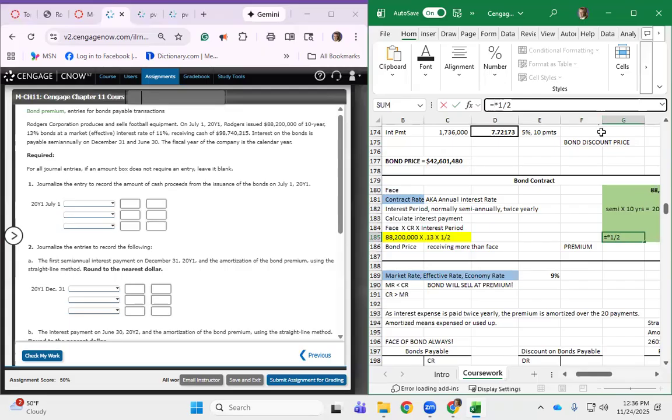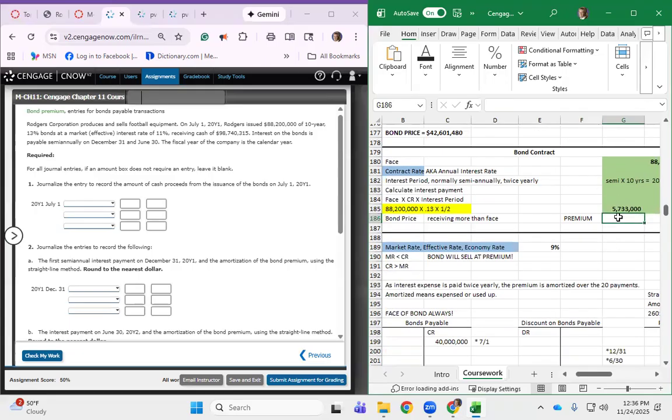Remember, this time I'm making 20 payments of interest, and I have an interest payment that's higher than what's in the market. It's 88,200,000 times 0.13 times a half. So my goodness, my interest payment is 5,733,000.